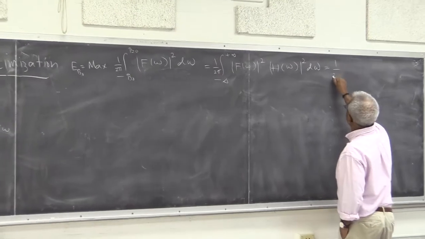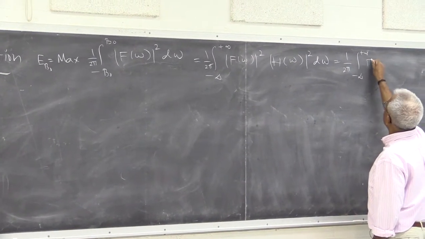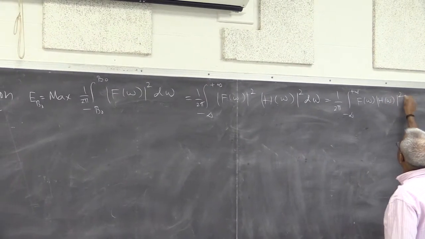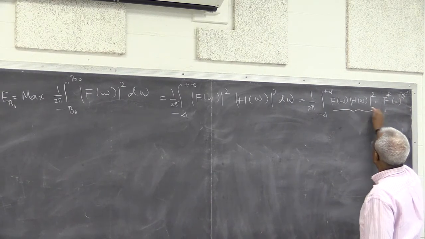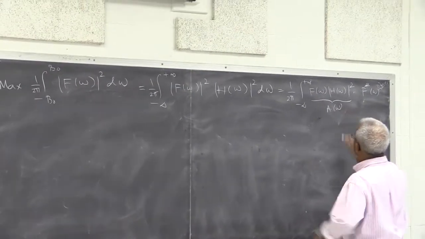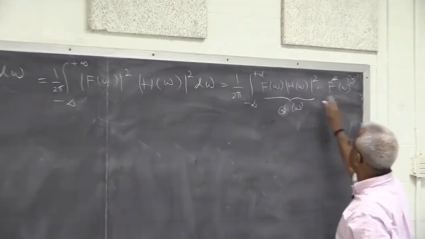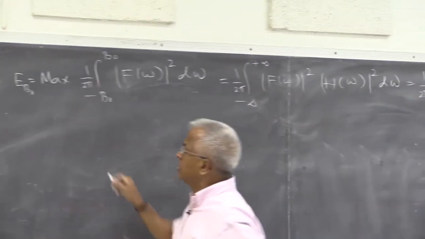But this I can write as the integral from minus infinity to plus infinity of F(omega) |H(omega)|^2 multiplied by F star(omega). So I can use Parseval's relation because it's of the form Q(omega) F star(omega). So that's in the frequency domain.